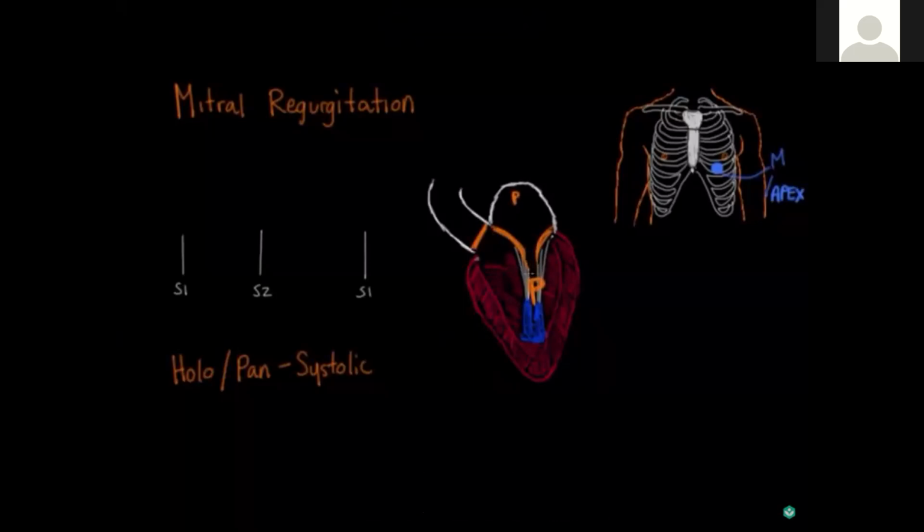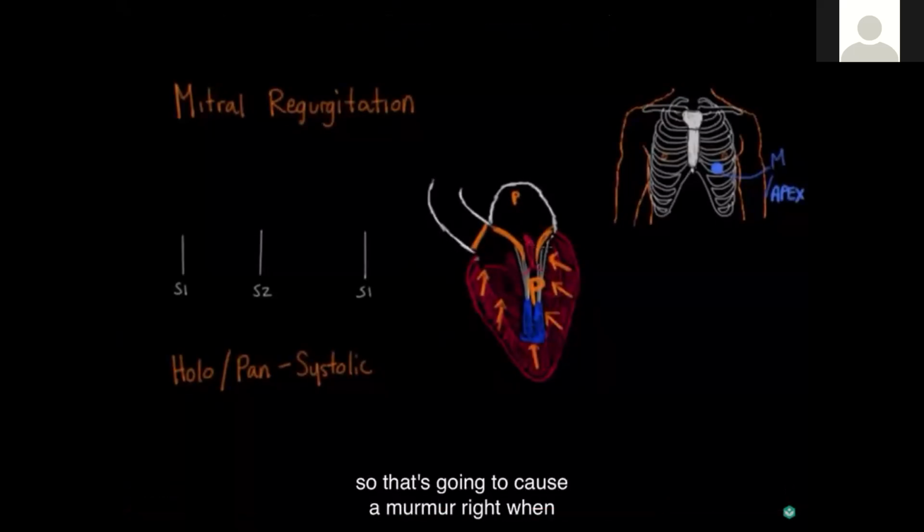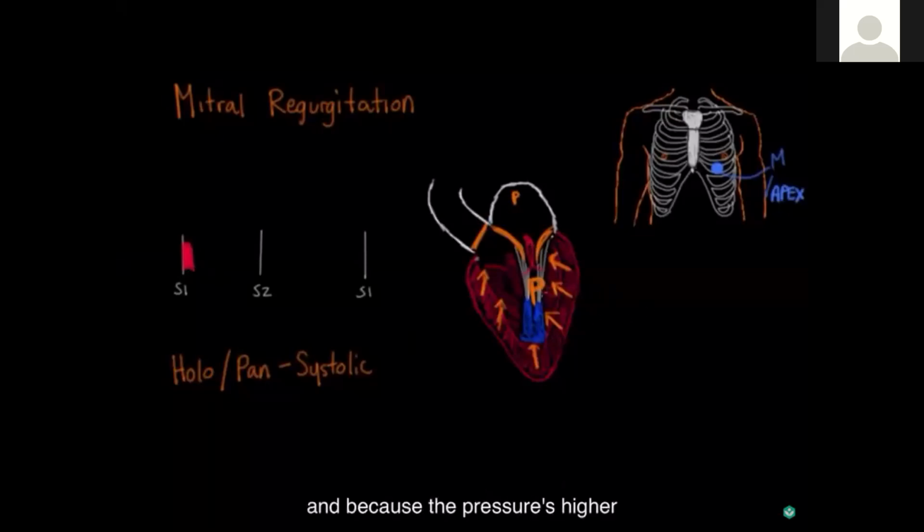And so as the pressure starts to build in this left ventricle, but still with the aortic valve closed, blood is actually getting through this valve. And so that's going to cause a murmur right when S1 occurs. So right as that valve tries to close, it doesn't close fully, and because the pressure is higher in the left ventricle than the left atrium, you actually start that murmur right at S1.